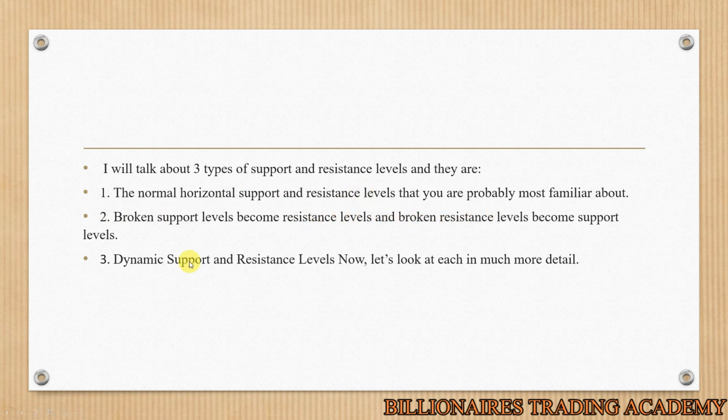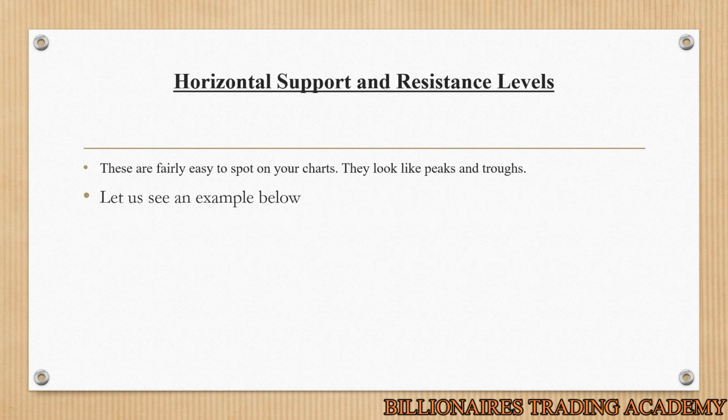The third one is the diagonal support and resistance, which is commonly called trend lines. Trend lines are nothing but support and resistance. Now let's talk about each of them. We're going to talk about horizontal support and resistance, and for trend lines we're going to have a whole different lesson.